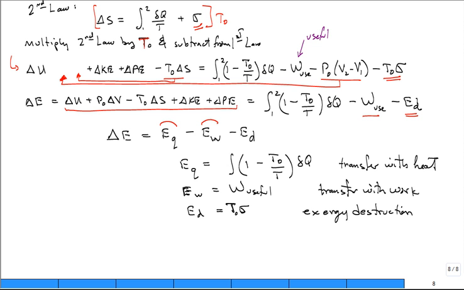That's what can be used to, as the book describes, raise a weight in a gravitational field or turn the shaft of an electric generator or do something very mechanical. And then E sub D is the exergy destruction, and it's equal to T naught times sigma, the entropy generation. So there's our exergy balance equation.